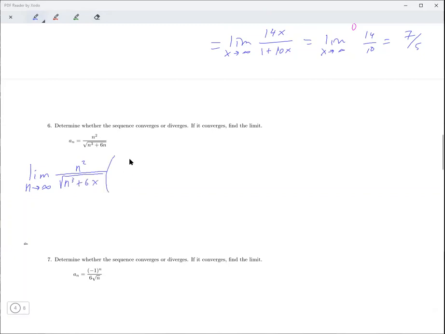We could multiply by a fancy form of 1. Could multiply by 1 over n to the 3/2.